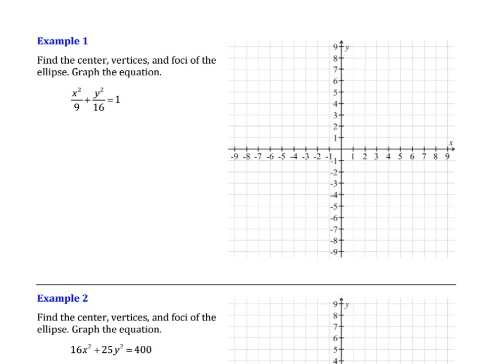So here in example 1, we have x squared over 9 plus y squared over 16 equals 1. So this tells us that we have a center of 0, 0. We will only be looking at ellipses that are centered at 0, 0. Now for this, it's easiest to go, okay, this is x squared over 3 squared plus y squared over 4 squared equals 1. So in the x direction, in other words left and right, we're going to move 3 units left and right.